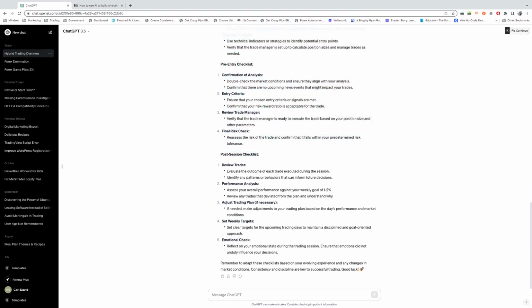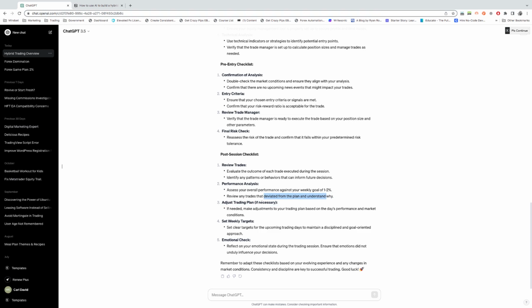After the trades are taken, review the trades. Evaluate the outcome of each trade executed during the session. Identify any patterns or behaviors that can inform future decisions. Assess my overall performance against my weekly goal of 1 to 2%, and review any trades that deviated from the plan and understand why.